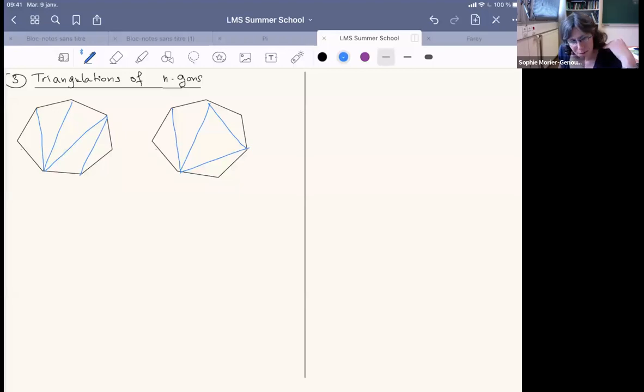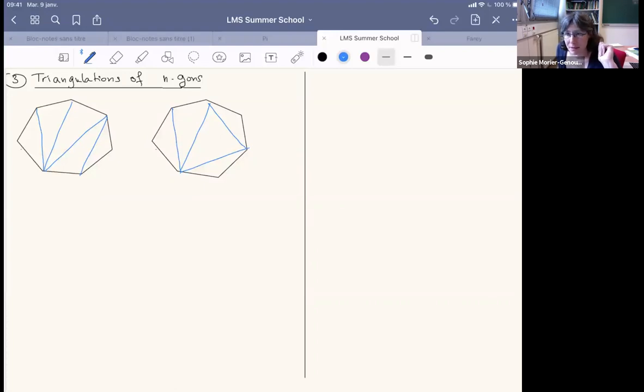Of course, I cannot resist first thinking about the number of triangulations. If you fix an n-gon, and you ask how many different triangulations I can get, does anyone know the answer? It's a famous number in combinatorics. Yes, Catalan.